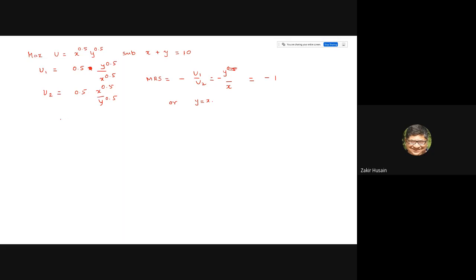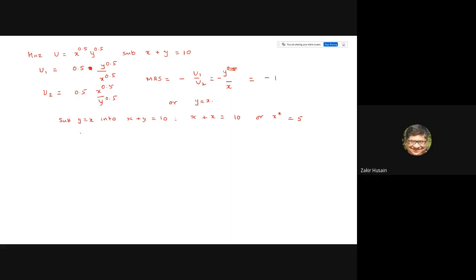So substitute this. তাহলে x কত হচ্ছে? So 5. So even y should be 5.